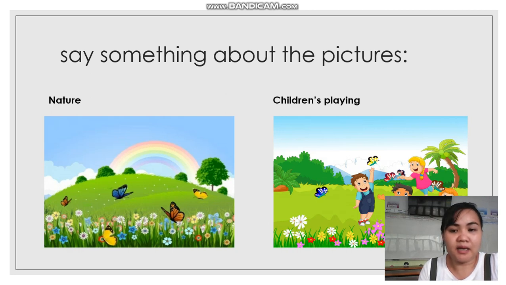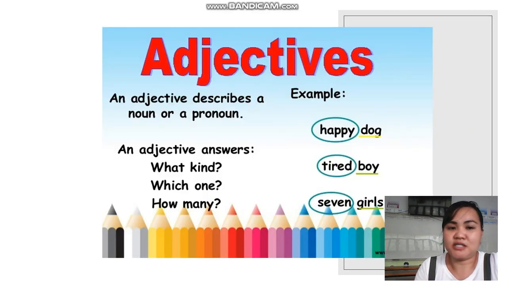They are happy, they are lively, they are in the park, they have friends, and there are also beautiful flowers and colorful butterflies. Okay, so those are the adjectives that we use when we are describing certain pictures, events, or places.